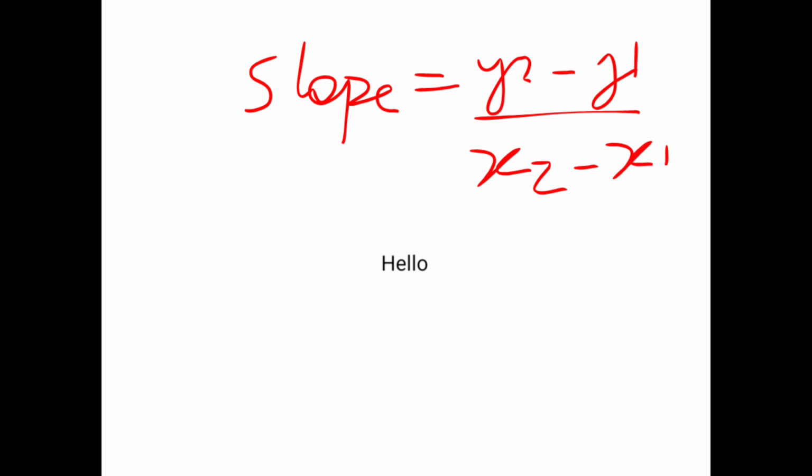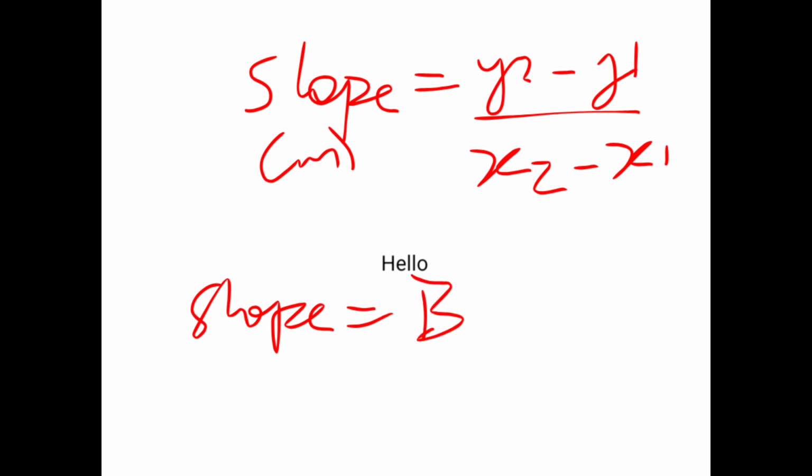So this is a slope. It's basically what we usually use in our maths. Usually slope is m. Okay, so we also have slope is equal to BC over CA.